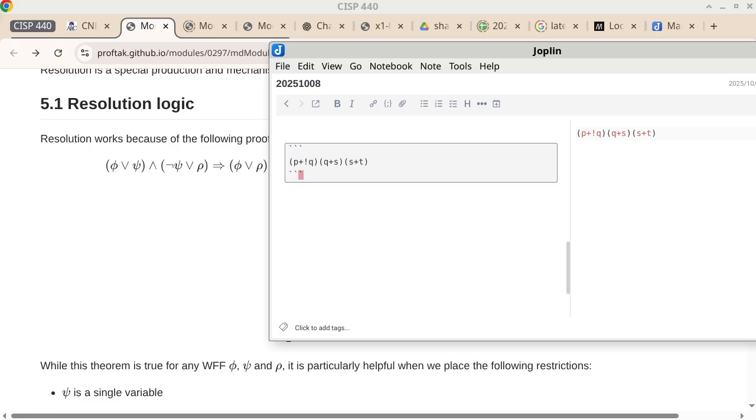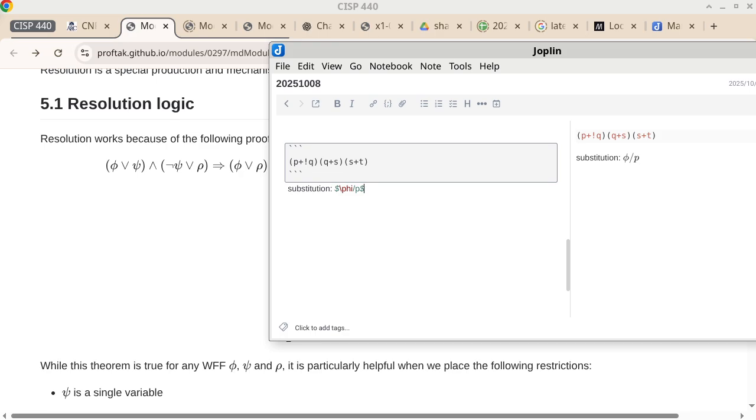We'll do the substitution here. The substitution is that we want to replace phi with P. You can focus on this side, it's a whole lot easier to read.